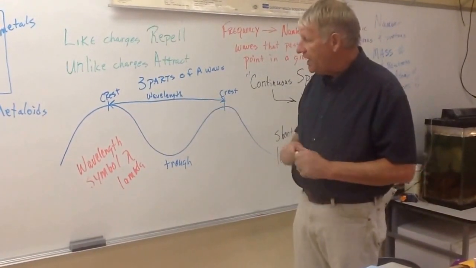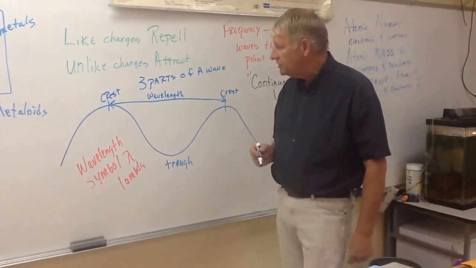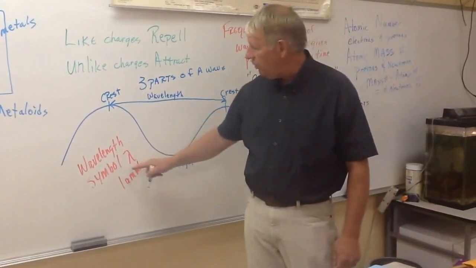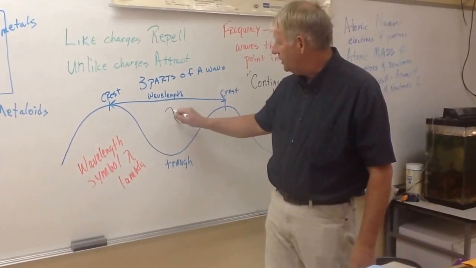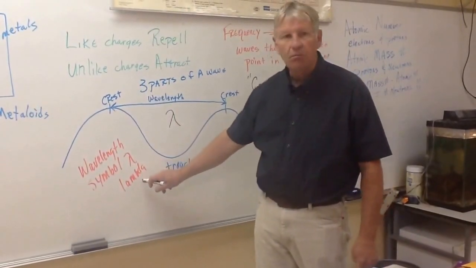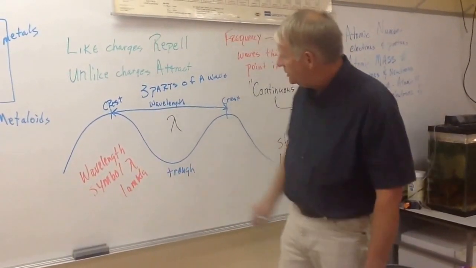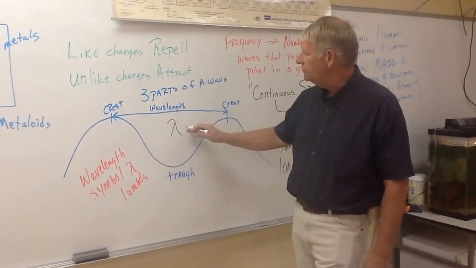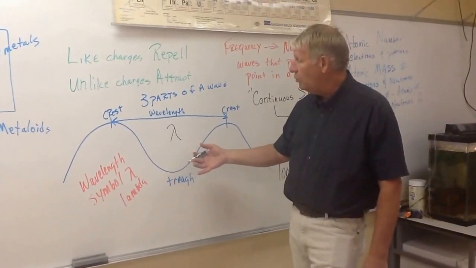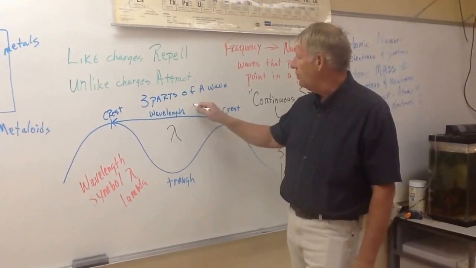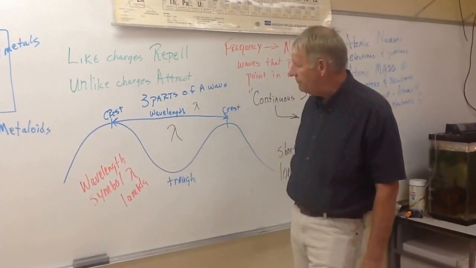Now, we give that a Greek symbol. The wavelength symbol looks like this, and we draw it kind of like here and down. The name of that symbol is lambda. Whenever we do wavelength, we use the symbol. I'll ask you on your test what's the symbol for wavelength, and you'll put this symbol, and the name for it is lambda.